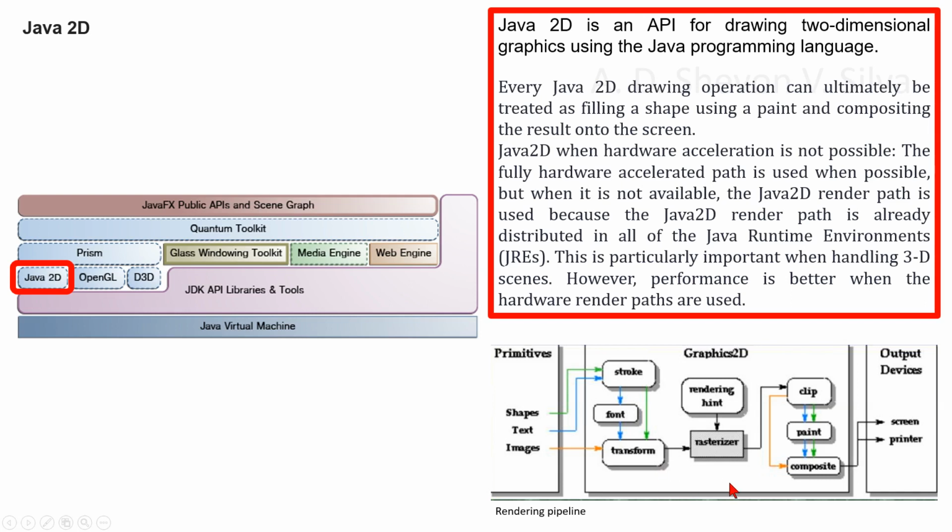Step 3, the outline of the shape is extracted using the getPathIterator method of Shape, which returns a PathIterator object that iterates along the boundary of the shape.